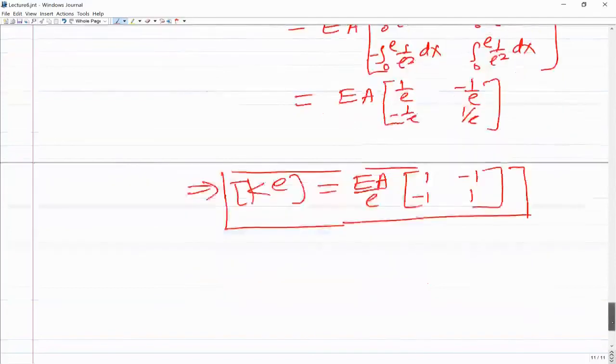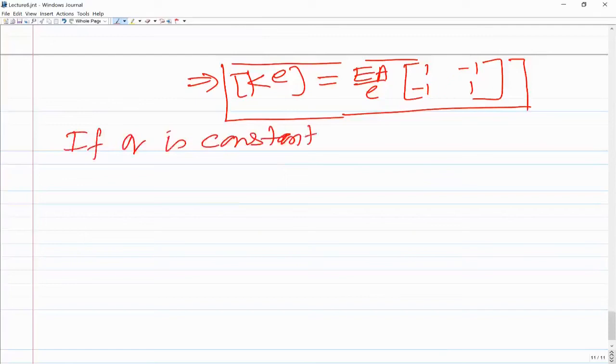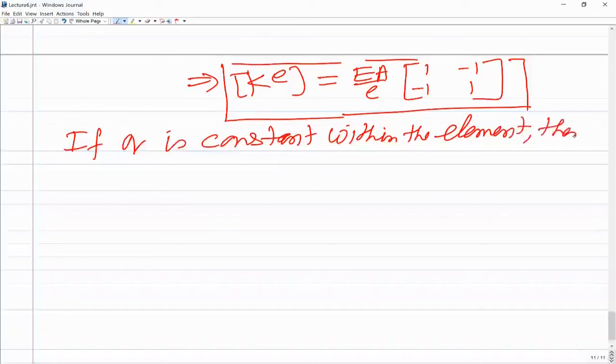Similarly, now let's look at the load vector. So the second thing is, if Q, the external load vector, is constant within the element, then we will have this F external for the element. The definition we have already given.